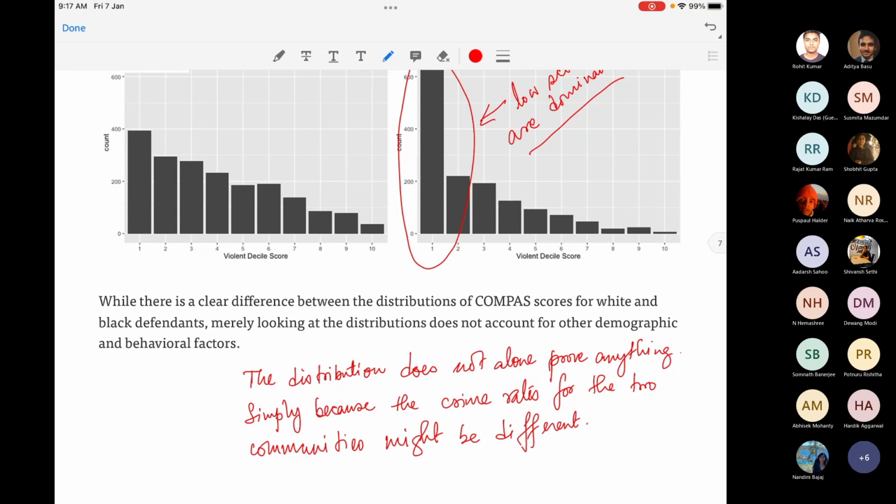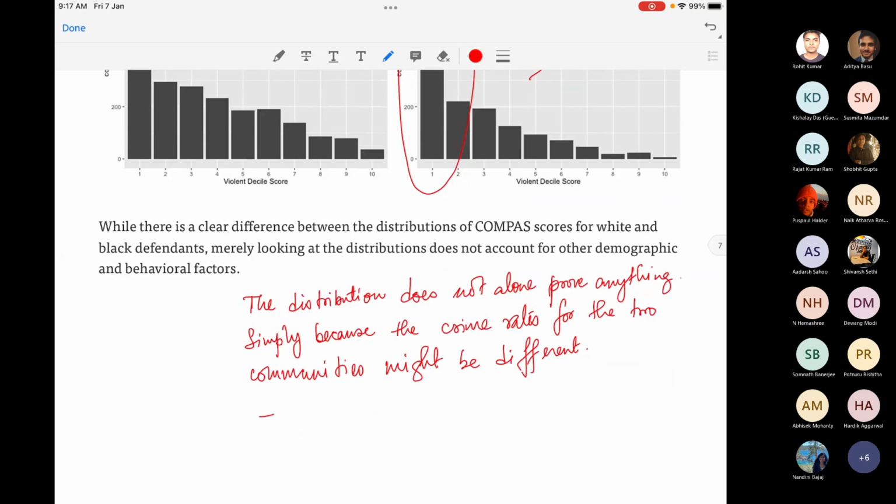And as side information, we know that crime rates for blacks in the US have usually been large. So this alone does not prove much.